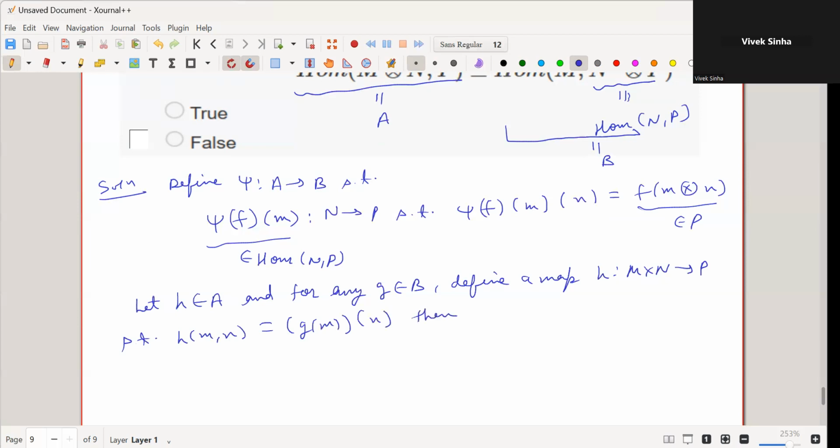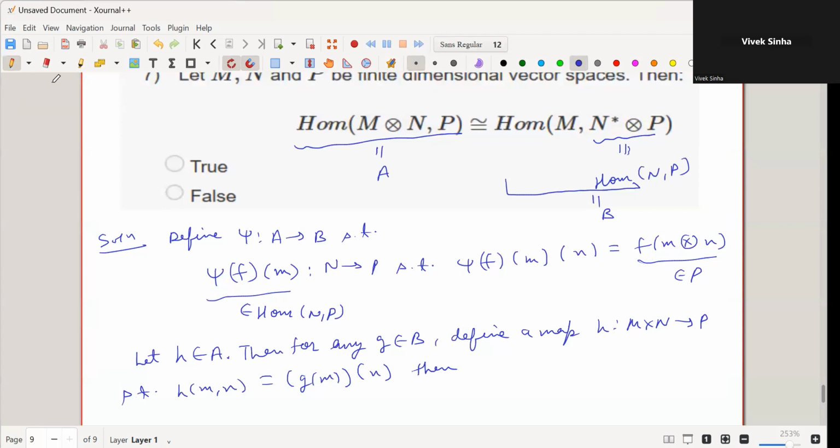So what is happening here? Simply you can write for any G belongs to B, define a map from M cross N to P such that H(m, n) will be equal to G_m of n.